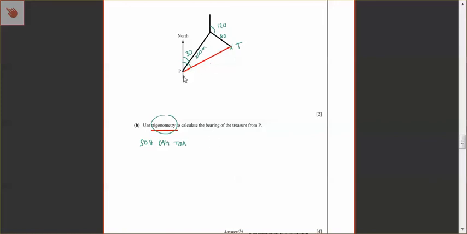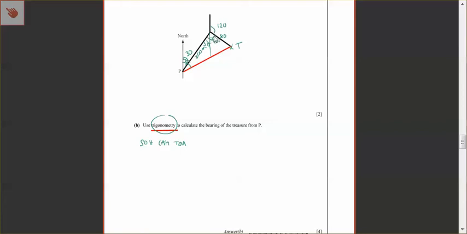So I know if this angle is 30, because of angles in parallel lines, this angle would be 30. This angle I know is 60 because it's on a straight line.